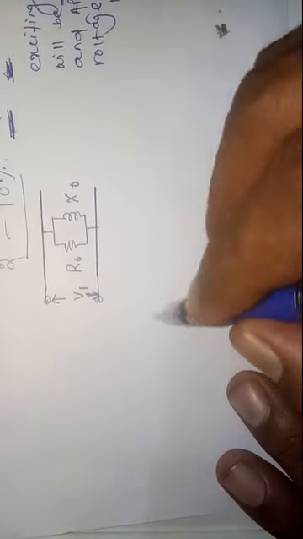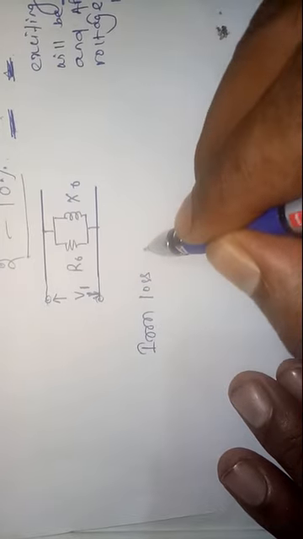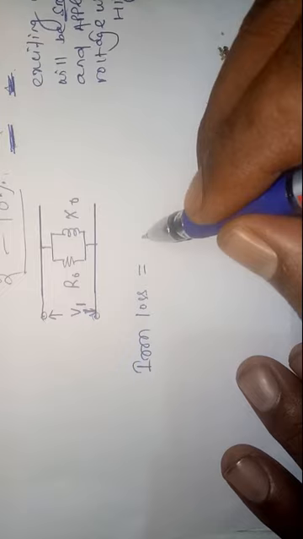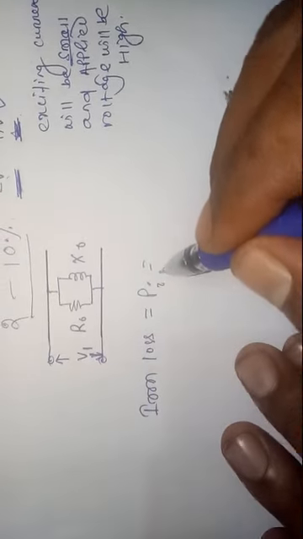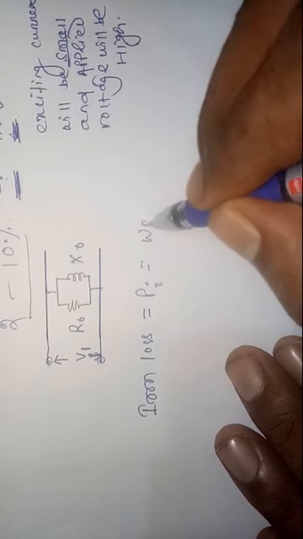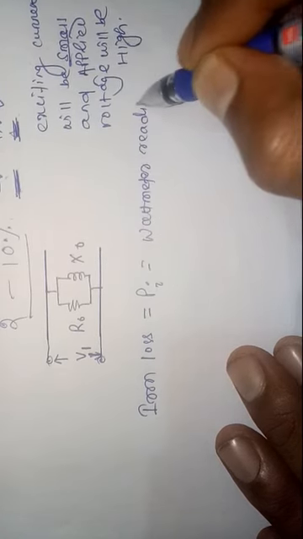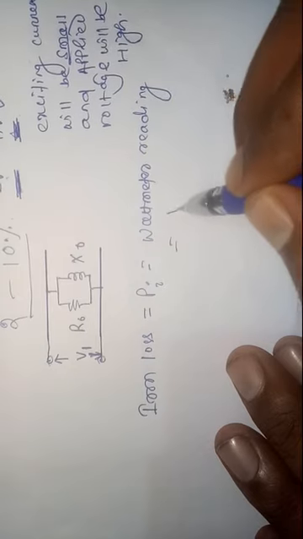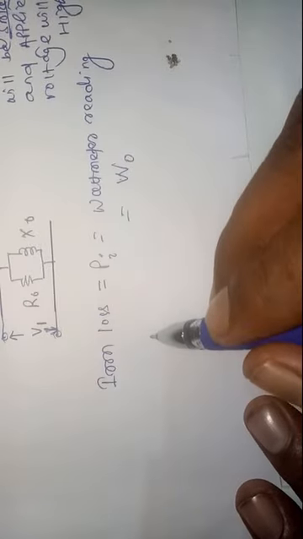So under this condition, the calculations are: the iron loss, shown by the wattmeter, is equal to the wattmeter reading, that is equal to W0, the no load power, that is your iron loss.